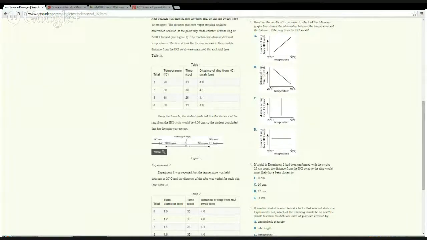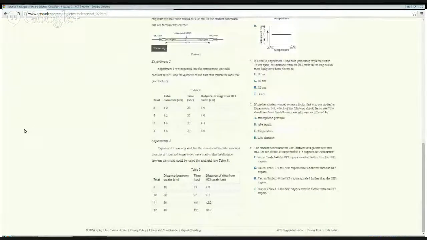Okay, question 4. If a trial in experiment 3 had been performed with the swabs 25 centimeters apart, the distance from the swab to the ring would most likely have been closest to what? Now they're giving us another piece of information and asking us to interpret what would happen with that. So 25 centimeters. Let's look at experiment 3.